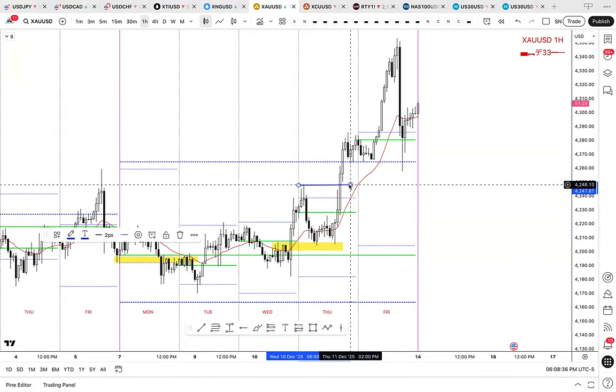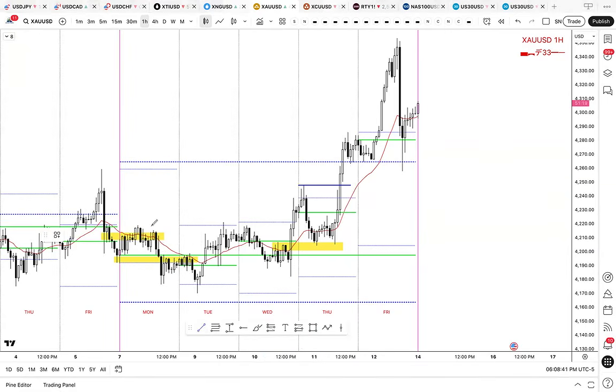why these levels, zones, areas. Because look left, look what we have. Look left, look where we're at. Look where it's coming from. Look at all the possible entries. You can trade the edge.